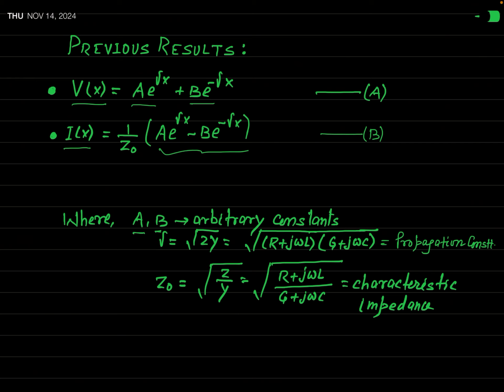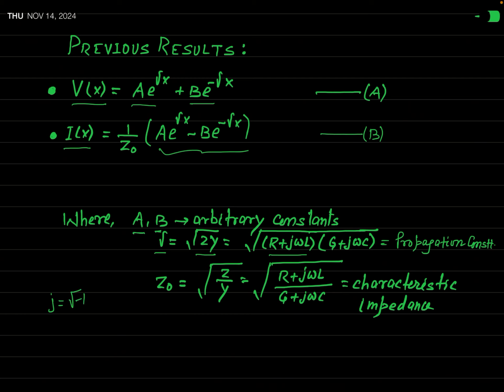Gamma, as you have seen earlier, is given by the square root of the product of Z and Y, where Z is the impedance and Y is the admittance of the circuit. This Z is given by R plus j omega L. Here j is the imaginary unit, the square root of minus 1.